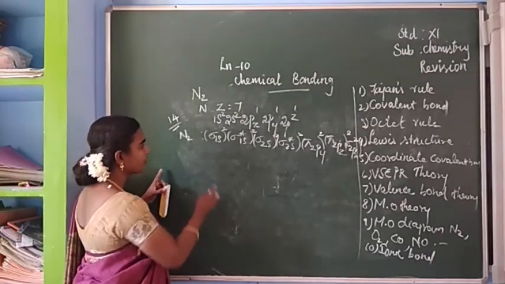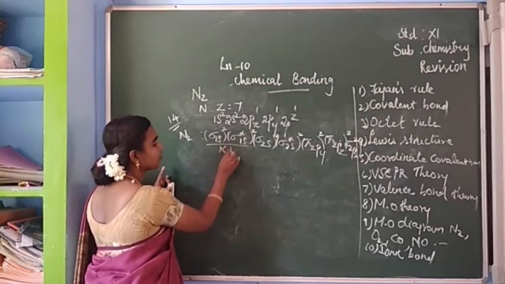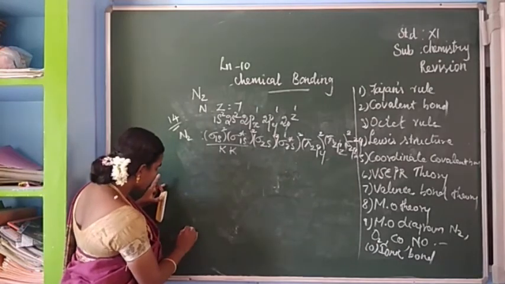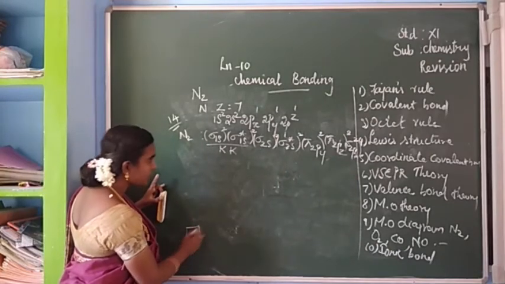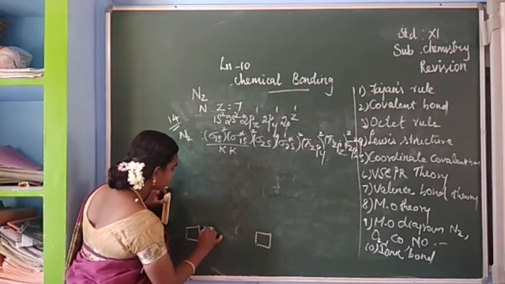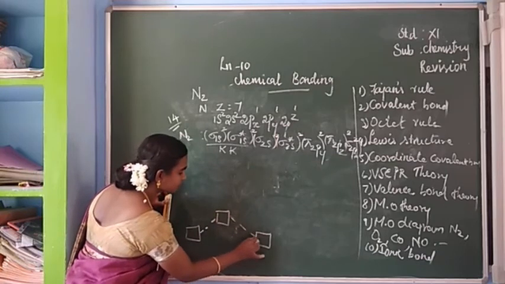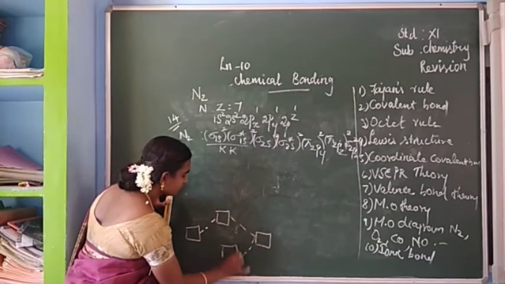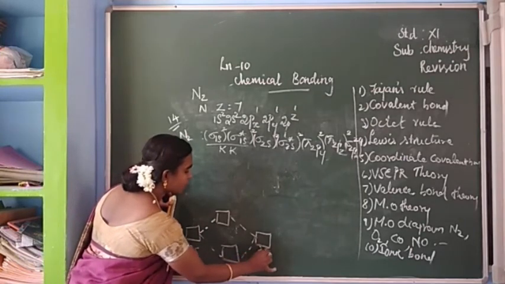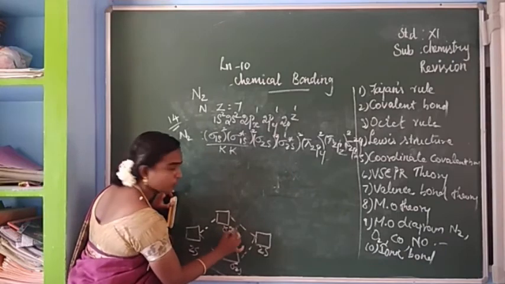So now how do we have to draw this? First, we can leave this out; we simply represent it as KK. Then sigma 2s onwards. Sigma 2s is lower in energy, so first we draw this. Here 2s and here also 2s: sigma 2s, sigma star 2s.